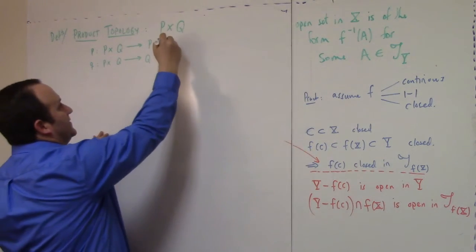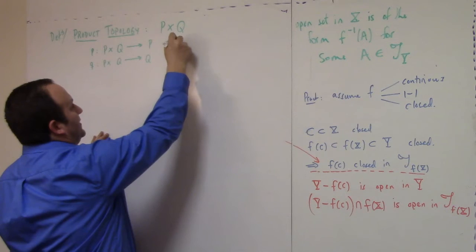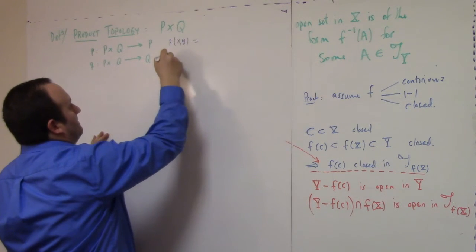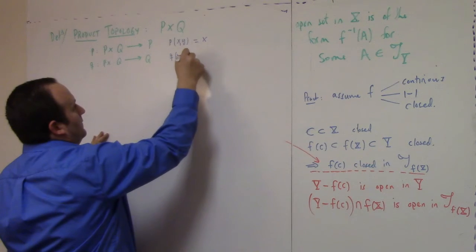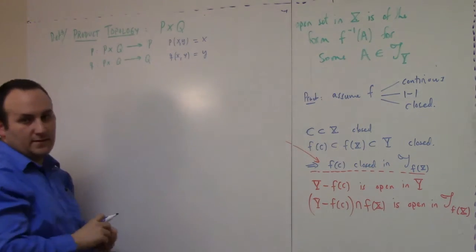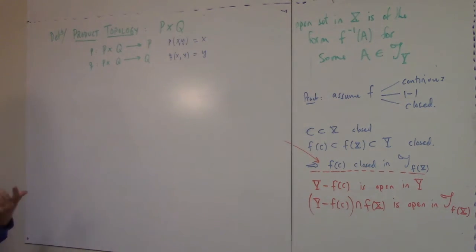So how does it work? It's pretty simple. p of (x,y) is what? x. Right. And q of (x,y) is y. Right. So the product topology makes these maps continuous, and it's the coarsest such topology.